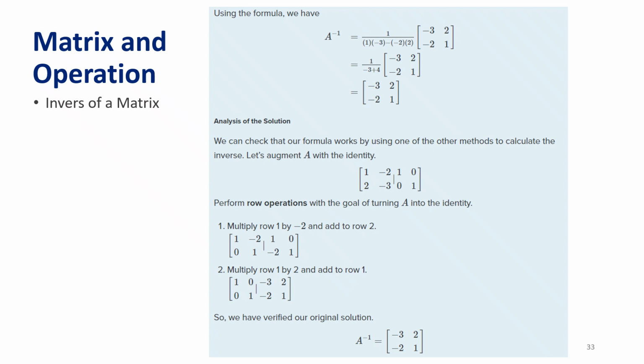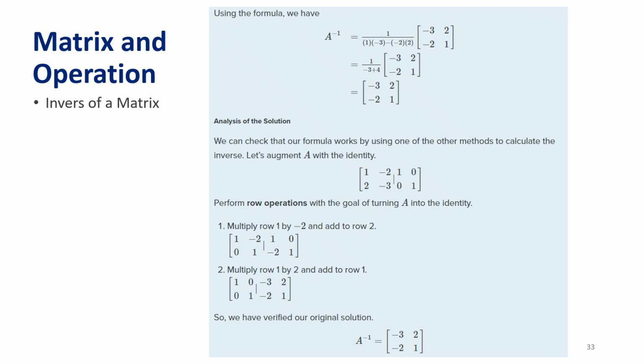First, to make this one become the identity matrix, of course this already is the same, right? So now you make this one become 0, this one become 1, and this one become 0. In order to do that, we can do row operations.